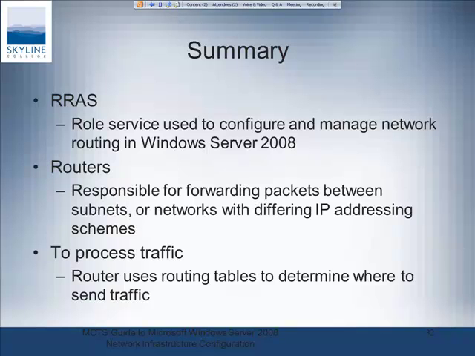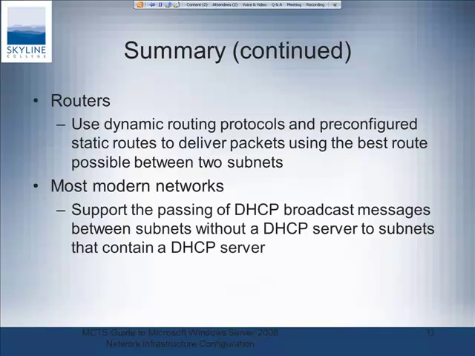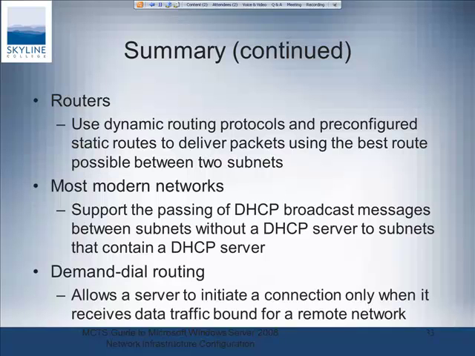So routers we know about, the processing of traffic. Routers, dynamic protocols, and again, the only one that carried forward in Windows is RIP. DHCP broadcast messages, the DHCP relay agent is what we're talking about there. You can set up a relay agent on a server and have it do that, or you can set up a relay agent generally on a router also.